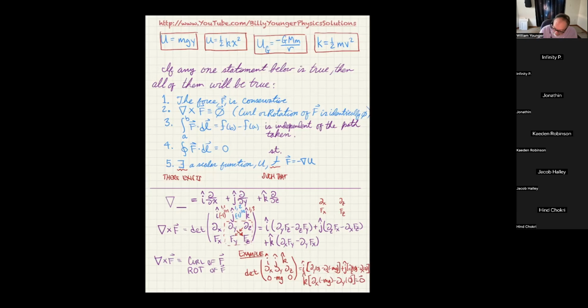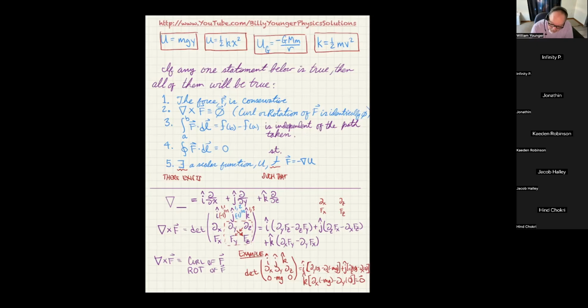In other words, it's 0 i hat, 0 j hat, 0 k hat, and that shows you the curl is 0. That's why we can have U equal to mgy. You can also do it with the GMm over r squared, but in that case, you have to actually render it in coordinates that are like spherical coordinates as opposed to cylindrical. So that's why I didn't do it.